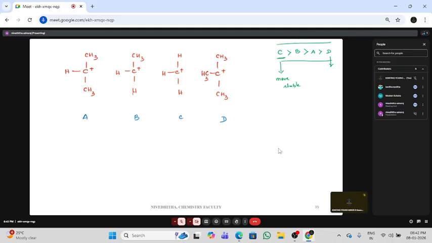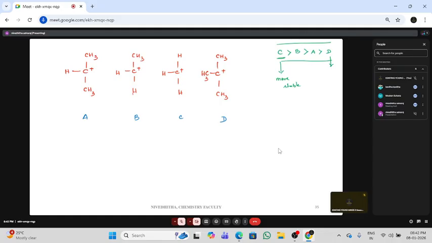Shall we see this question? What intermediate is there? Is it carbocation, carbanion, or free radical? Carbocation. Okay, it is carbocation, right? Yes, ma'am. What is the stability order of carbocation?